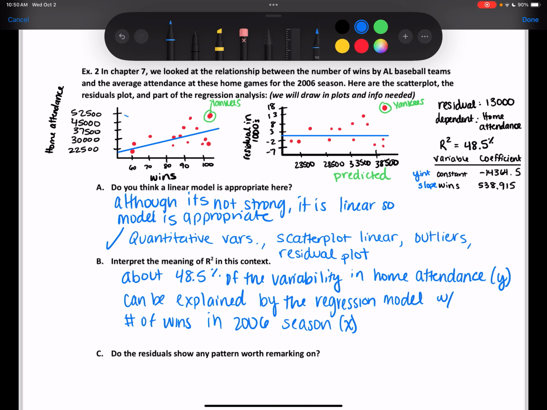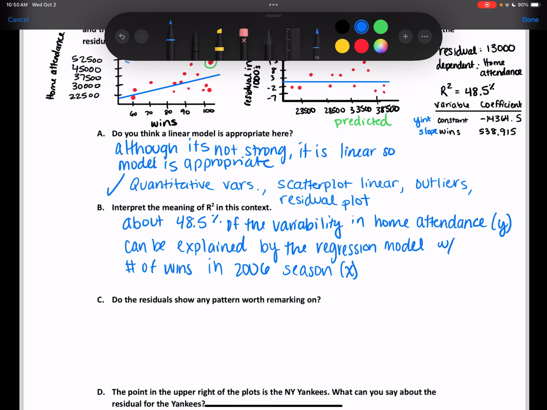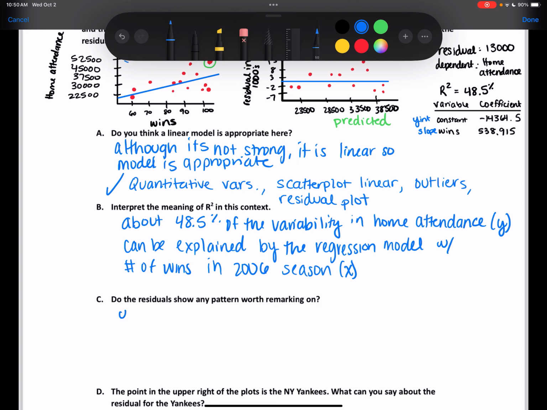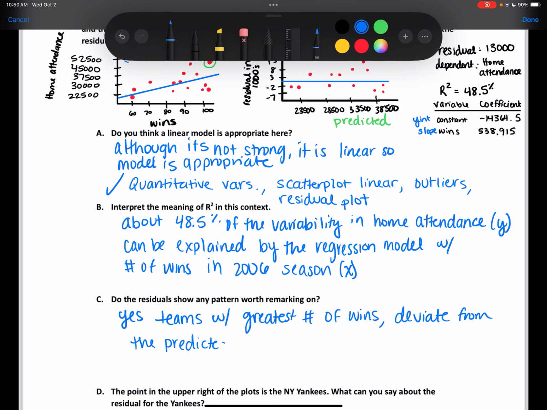From the pattern, I would say something like, yes, the teams with the greatest number of wins deviate from the predicted pattern the most.